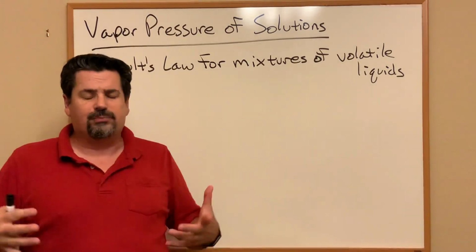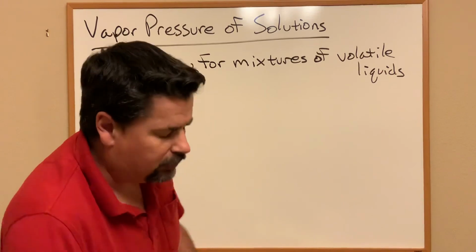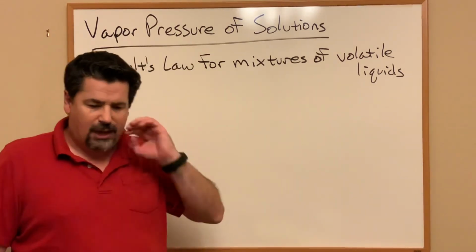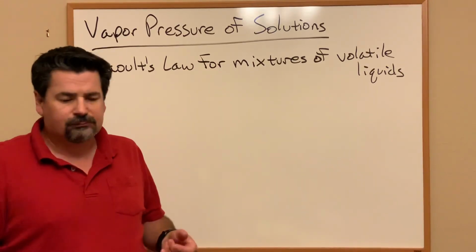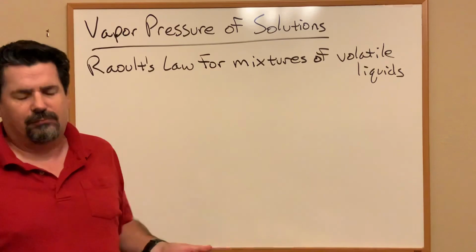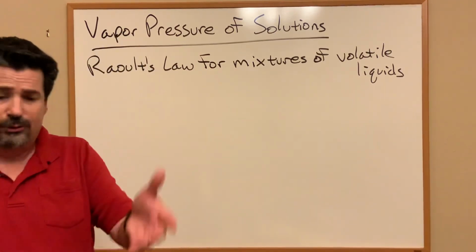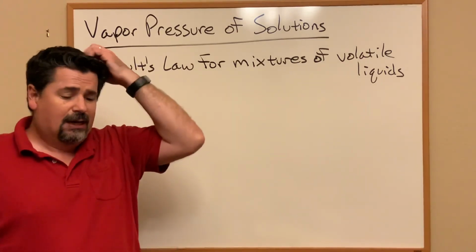Well, volatile just means that under regular, typical pressures and temperatures, there is an appreciable, a significant vapor pressure. It means that it evaporates pretty readily. So if you think about it, water will evaporate. That's volatile.